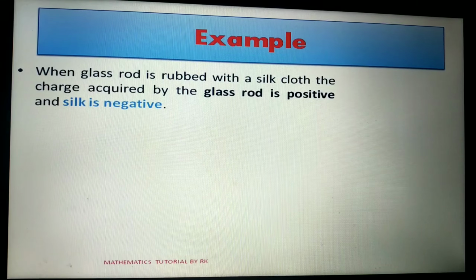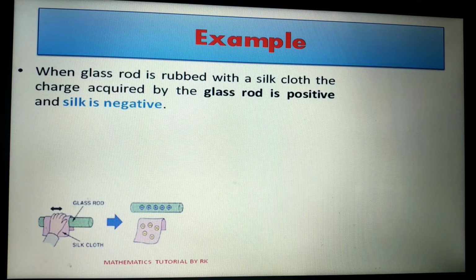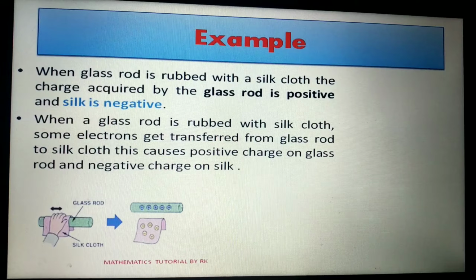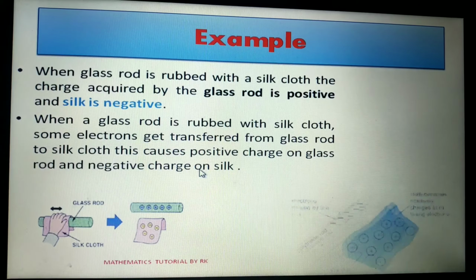When a glass rod is rubbed with a silk cloth, the charge acquired by the glass rod is positive and the silk cloth is negative, as shown in the figure. Some electrons get transferred from the glass rod to the silk cloth. This causes positive charge in the glass rod and negative charge in the silk.